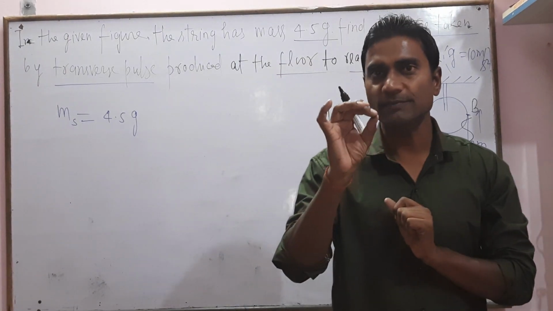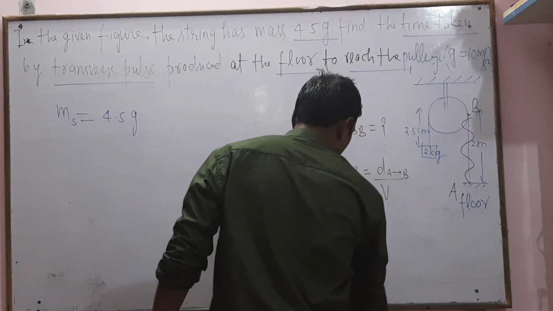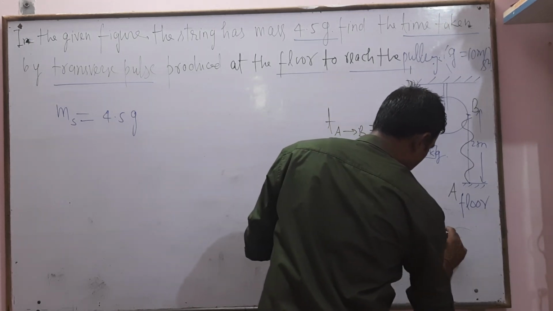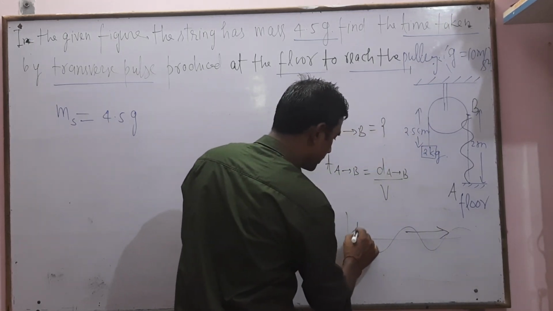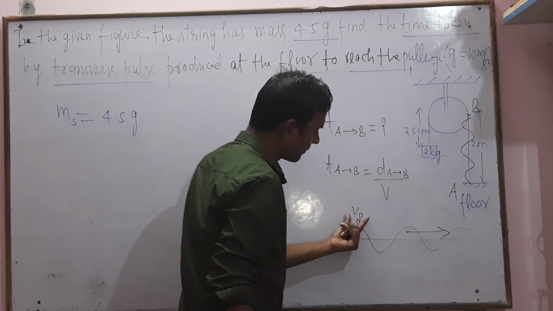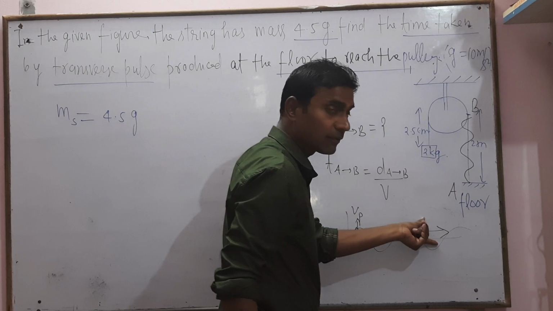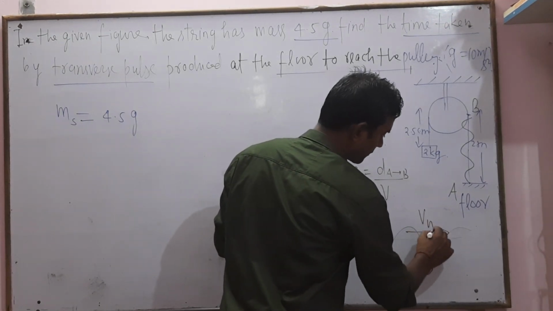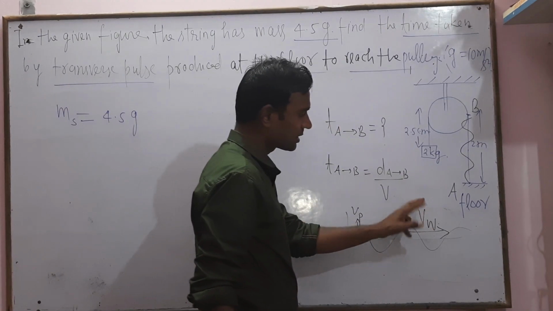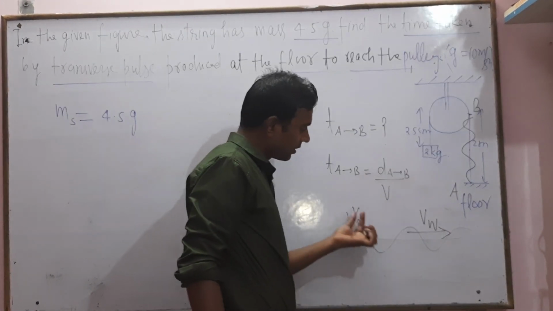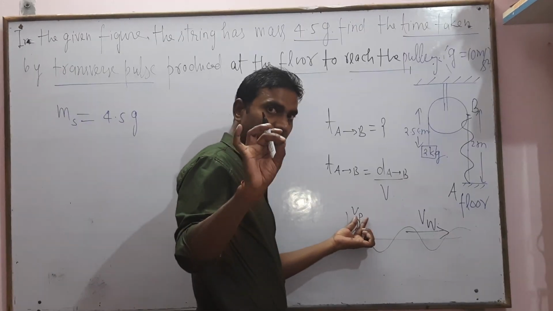This is the velocity of the wave, and this other one is the velocity of a particle.